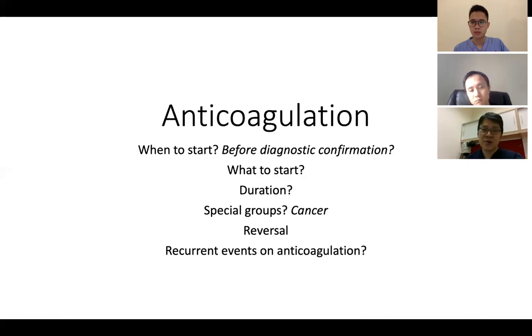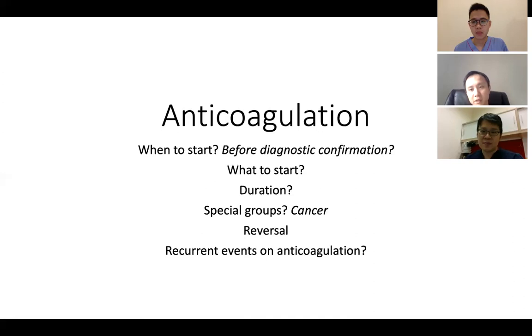Personally, my practice has changed over the years. I'm now moving towards first line for all DOACs. Which DOAC? I would say it's a toss-up between rivaroxaban and apixaban. Dabigatran is not very favorable. We don't really use that. Under rivaroxaban and apixaban, which one do I use? I usually use rivaroxaban because it's once a day dosing, and that improves compliance.